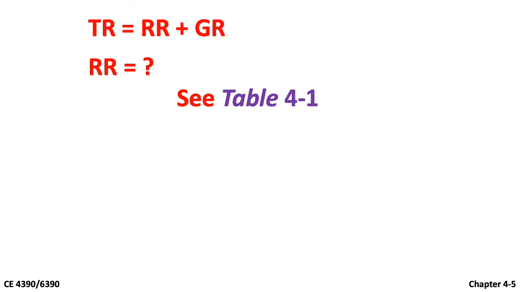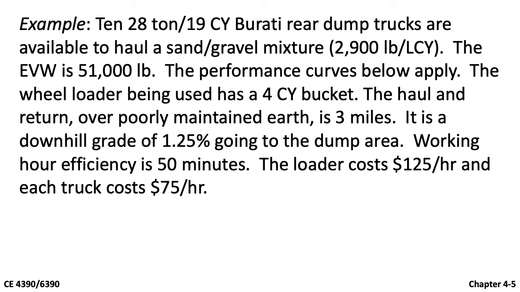So you need the total resistance and the total gross vehicle weight. Total resistance is equal to rolling resistance plus grade resistance. First, let's find rolling resistance using table 4.1. To use table 4.1, you need to know the type of surface.